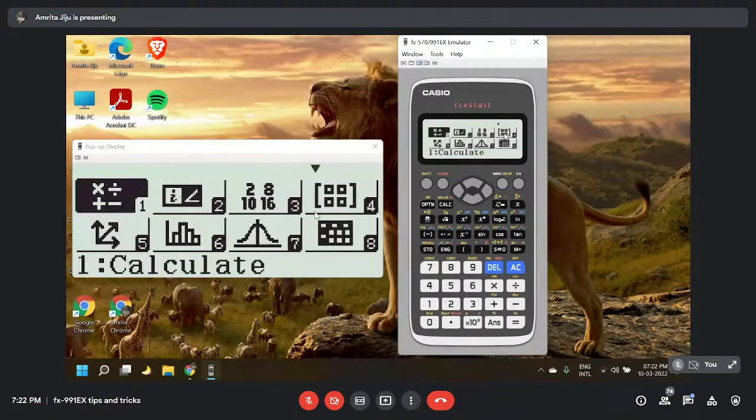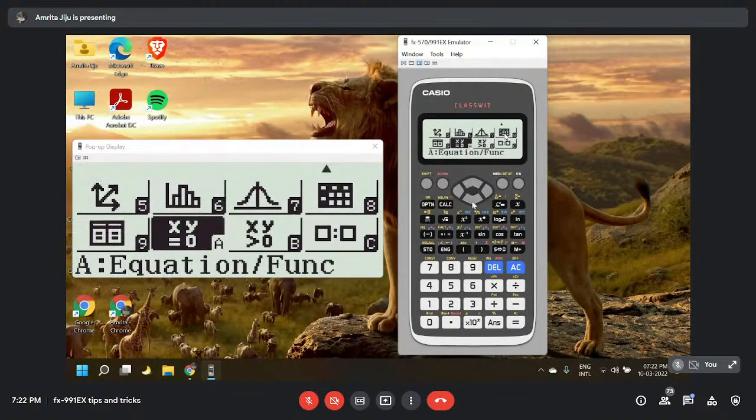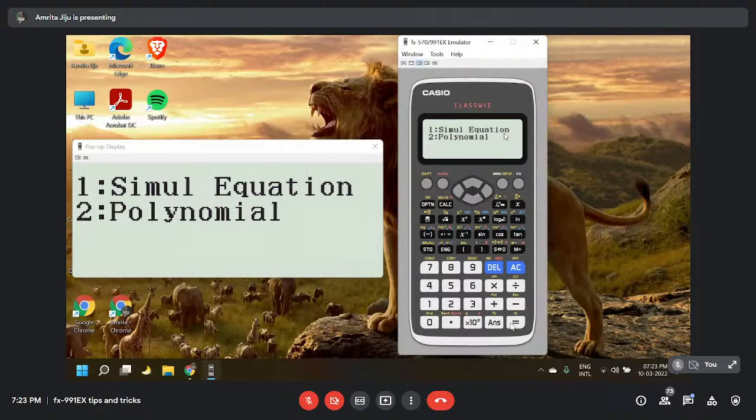And once you want to select the function you need, you can choose it by two methods. You can navigate through to the function. So I am going for the equation solver. I use my navigation buttons to go to equation, then I click equal to, and you will enter that function.